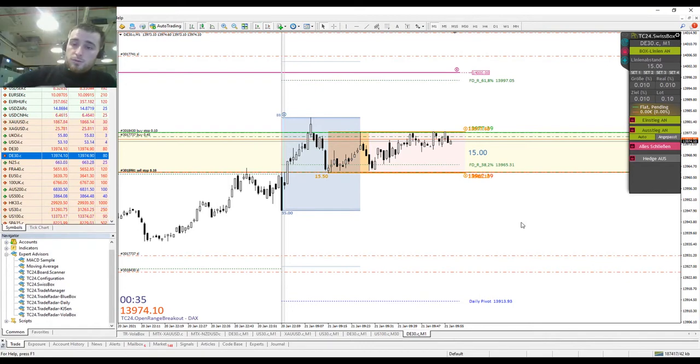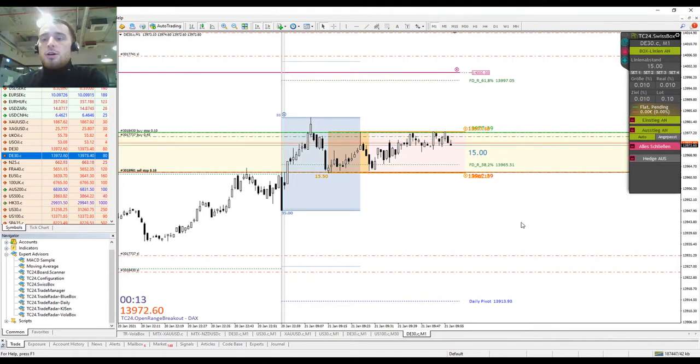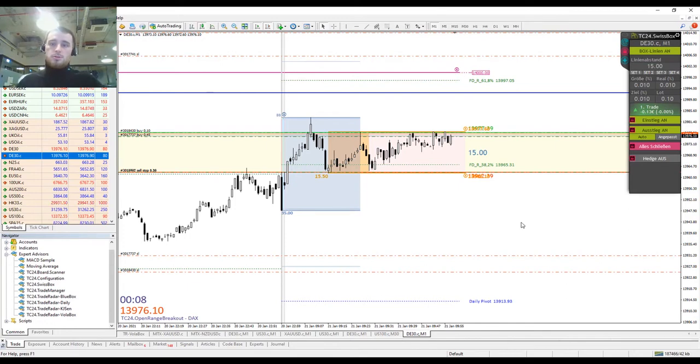So if it's going to go through the top of the box, as we're probably going to see soon, we're going to trigger that first pending order into a buy, and then our take profit is going to be automatically input into the chart to gain our preset target profit, like so. So there it is. We've just gone past the green line, and this blue line here is now our take profit.